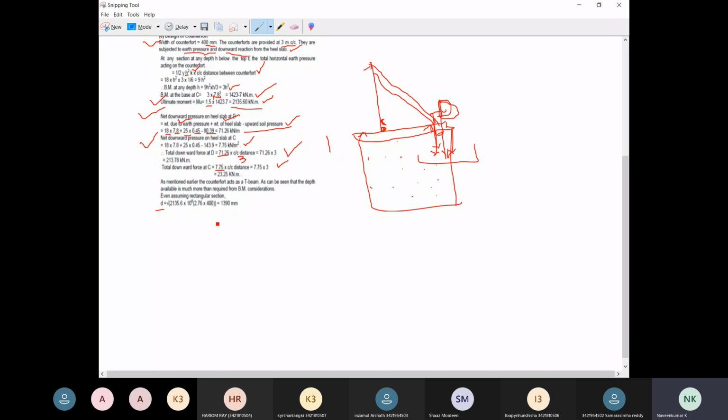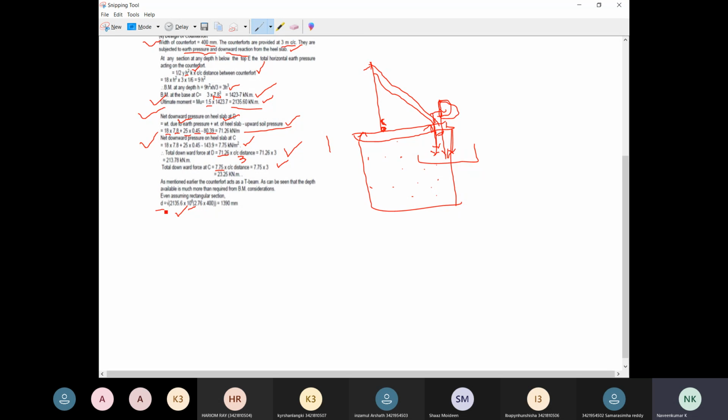It is in kilonewton meter, and you substitute the values in newton and mm. So you are converting kilonewton into newton, for that it is 10 power of 3, and then meter into mm, for that it is 10 power of 6. So 2135.6 into 10 power of 6, that is the moment value.